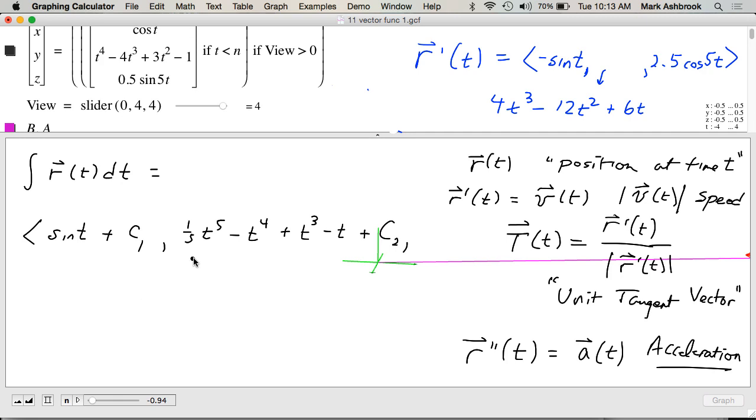And then negative cosine 5t. Working backwards with the chain rule, we're thinking what function's derivative would be 0.5 sine 5t. So cosine 5t, we're going to need a 1/5 and a negative. Plus c3.